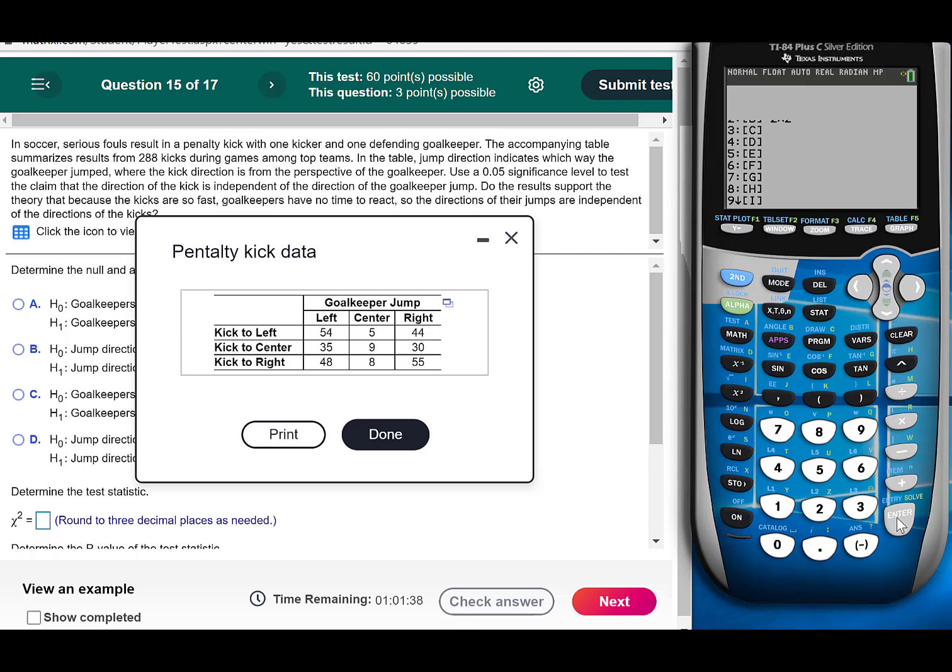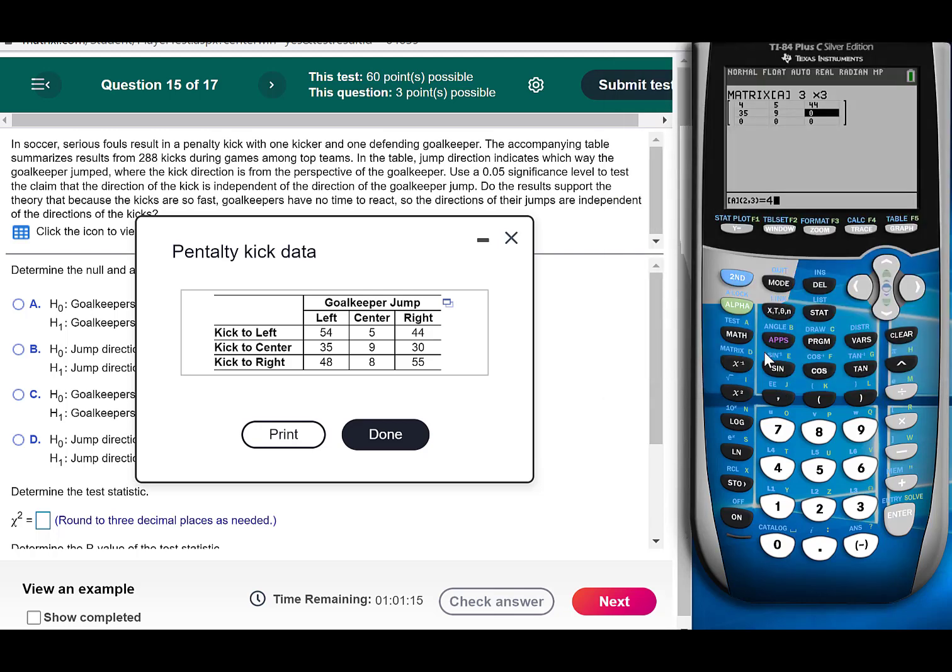A. And I need to change it to 3 by 3. Enter. And then enter the values. 54, enter. 5, enter. 44, enter. 35. You see how straightforward it is using the calculator. 30.